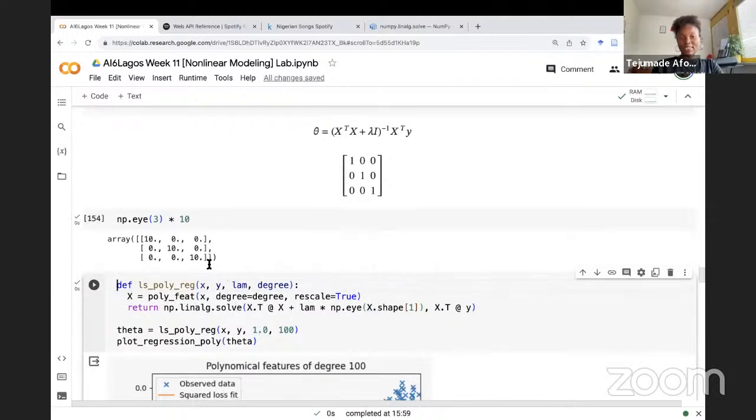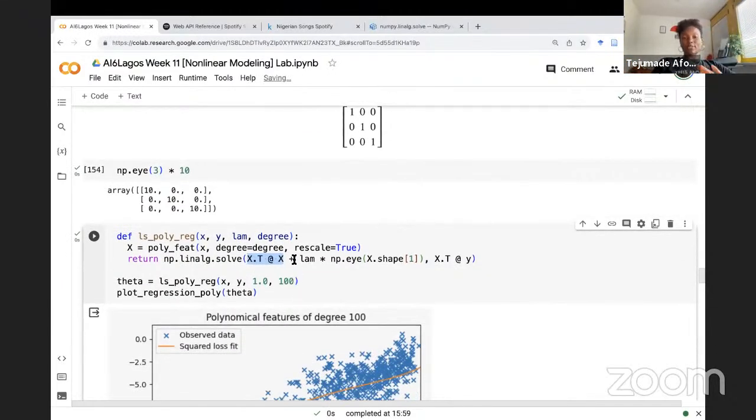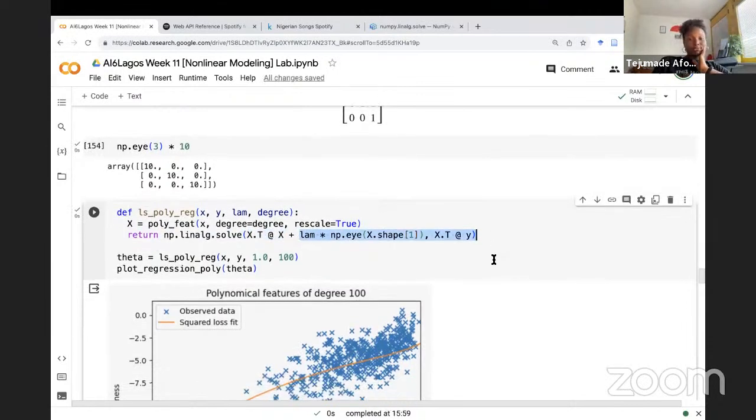So on the identity you have 10, and when you sum it with this X transpose X, it adds only to each of the features, without touching the rest. Anyway, this is my explanation. You can go in depth if I say something that I'm not sure about.